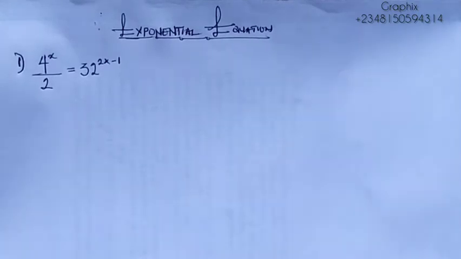Example 1. We have 4 raised to the power x over 2 is equal to 32 raised to the power 2x minus 1.